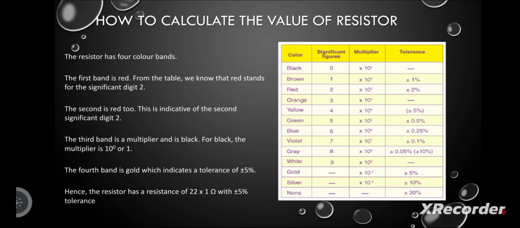Just see the gold, it has plus minus 5% in your fourth column, the tolerance column. Hence the resistor has a resistance of 22 into 1, where 1 is your multiplier, that is 22 ohms with plus minus 5% tolerance. So this is the value.